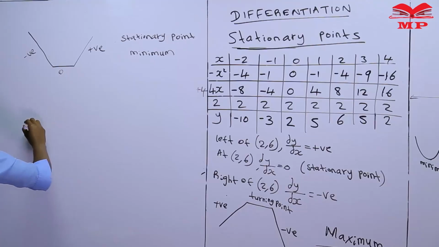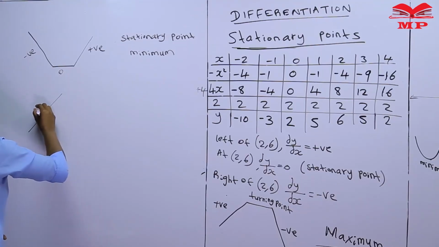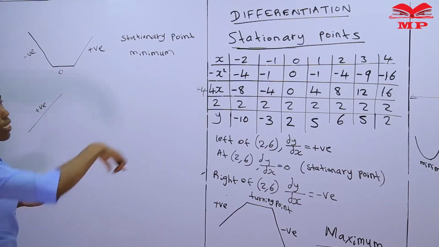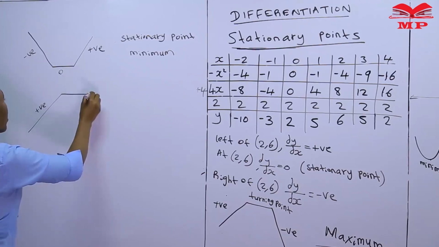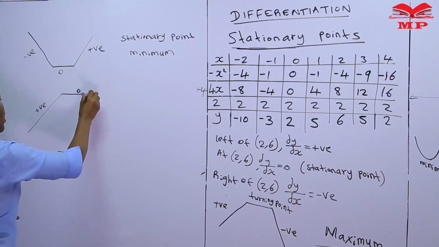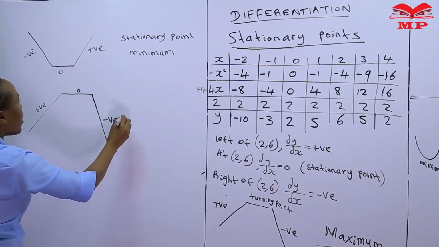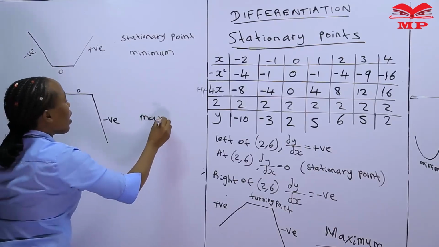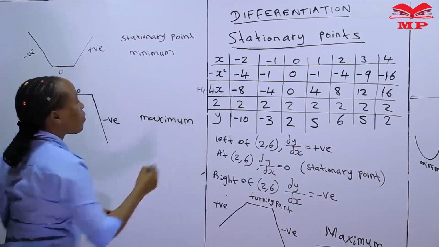And when we have positive, as you can see in that graph, then the stationary point, zero gradient, and then negative, this will be a maximum.